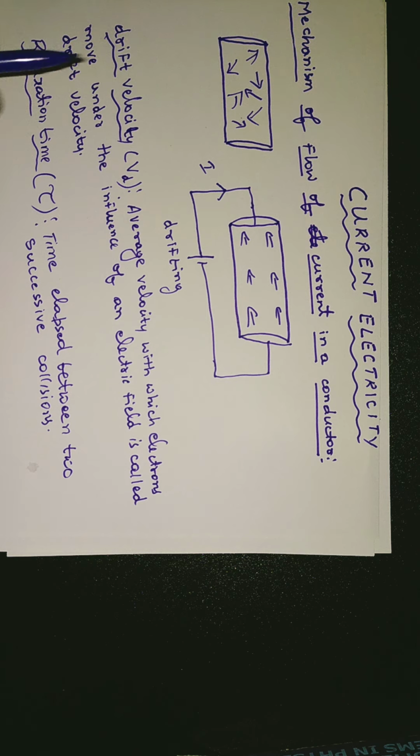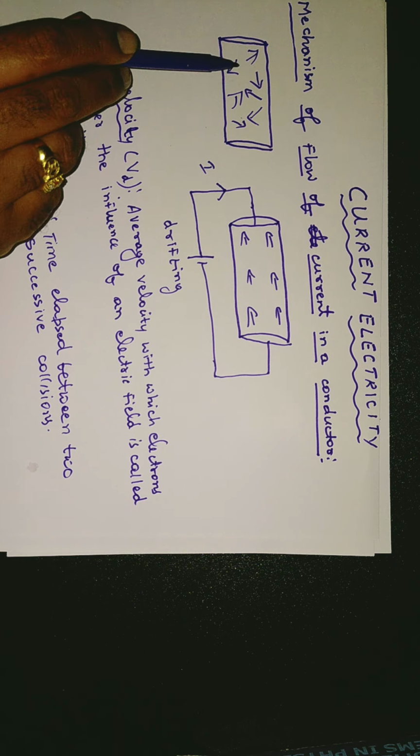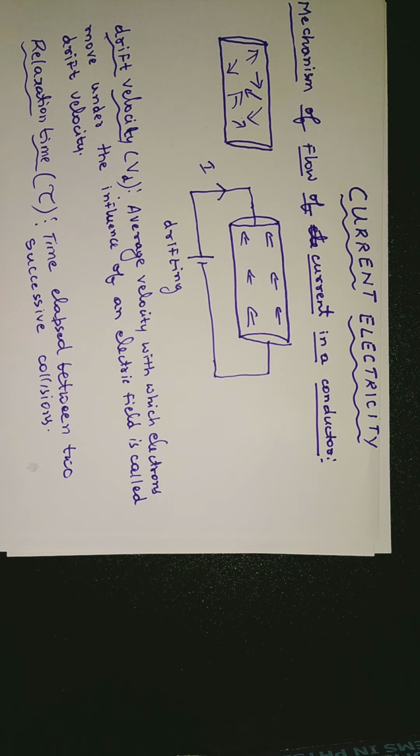Now, if you think of current here, at any reference point, the number of electrons moving in one direction will be equal to the number of electrons moving in the opposite direction. Hence, the net flow of charge at any point will be 0. Hence, no question of current arises because current is the rate of flow of charge.